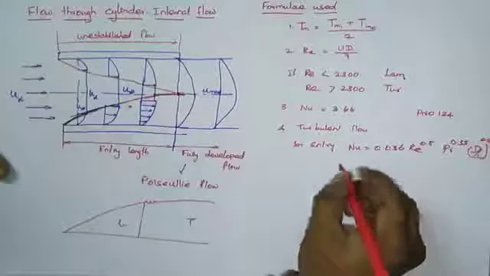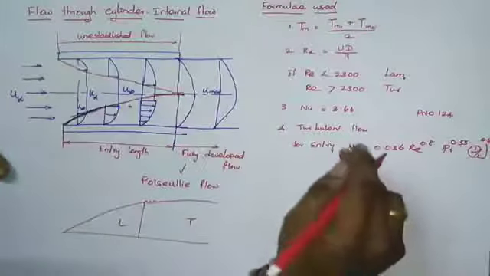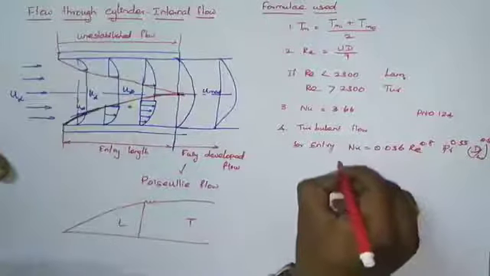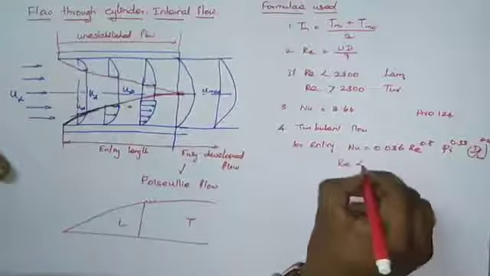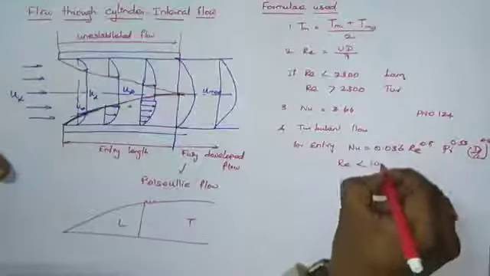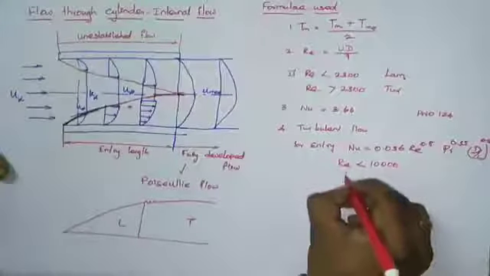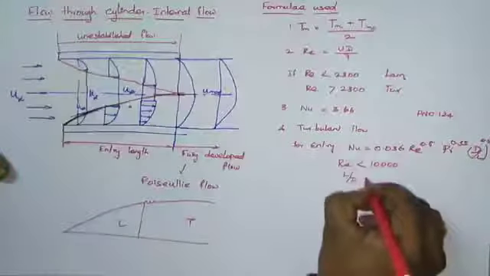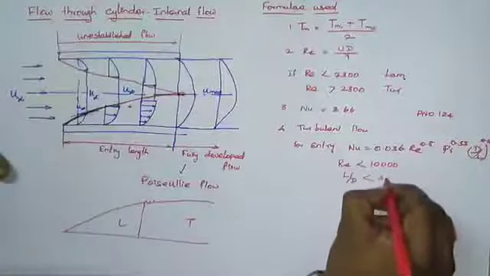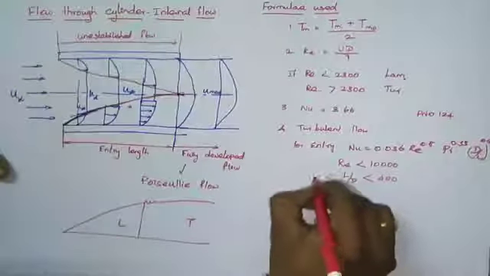Okay. This formula is valid when the Reynolds number is less than 10,000 and the L by D ratio must be less than 400 and greater than 10.